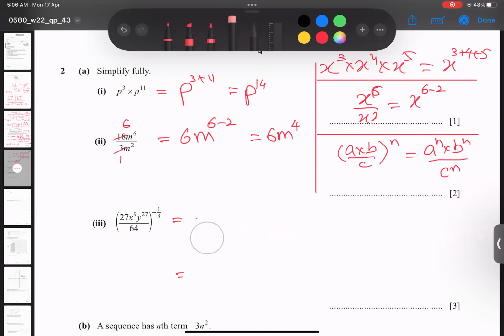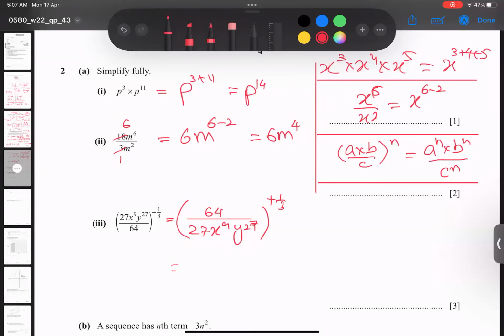These are not wrong actually, but what I like is I flip 64 up and 27, x to power 9, y to power 27 down, and the power becomes positive 1 by 3. So this is a rule of indices: whenever we flip a by b to power negative n, b goes up, a goes down, so the power becomes plus n. So this part is very, very clear.